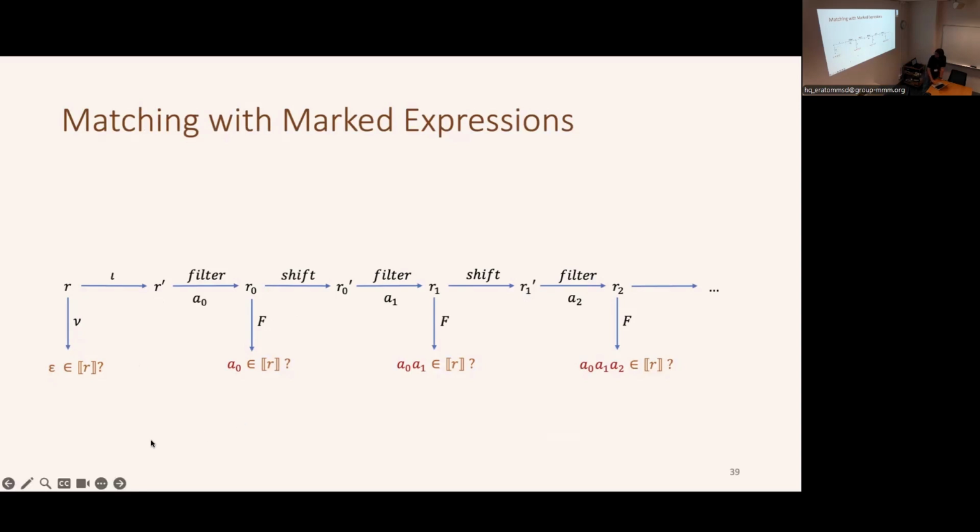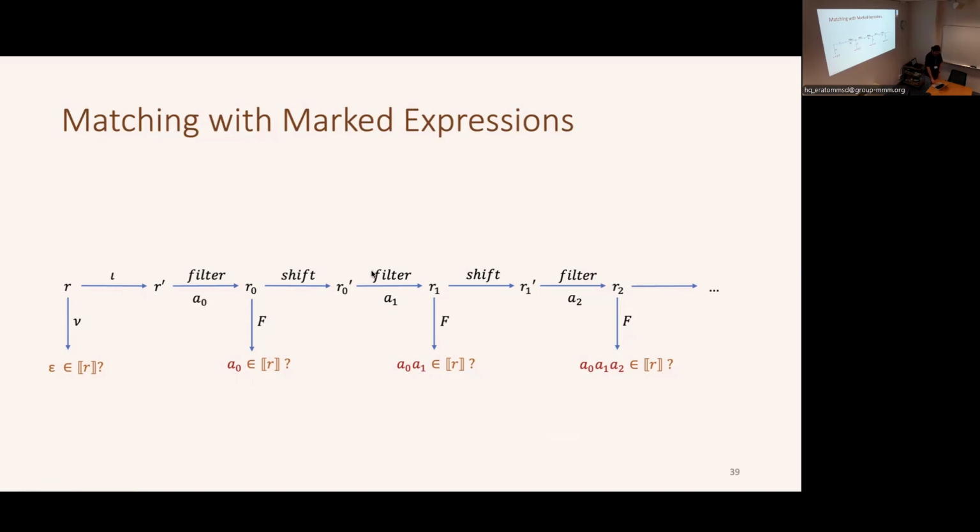Otherwise, what we do is we initialize R to R prime using I, and I puts marks on the initial positions, and A naught is the first character of the input. We delete every mark which does not match A naught, and then we check if any of the final positions are marked. If this is the case, then A naught as a word is a part of the language of R.